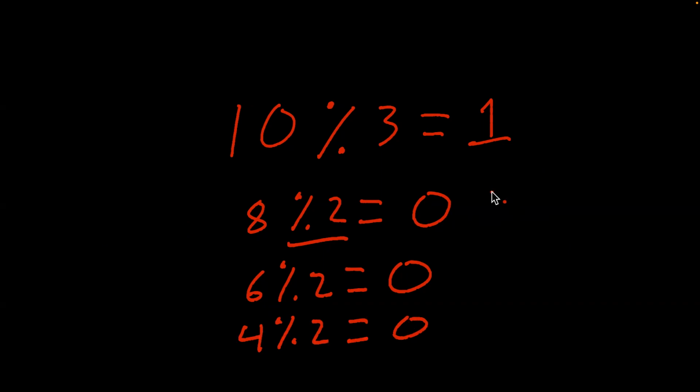So, let's say we're writing an if statement. Let's say we have a variable x, whatever x can be. If x modulo 2 is equal to 0, if this condition is true, and we want to do something, if we want to check if x is an even number, then this if statement will pass.